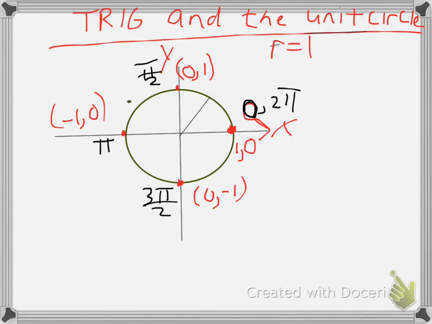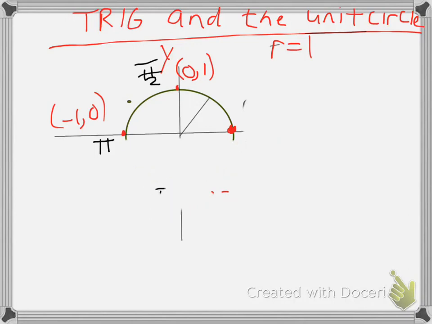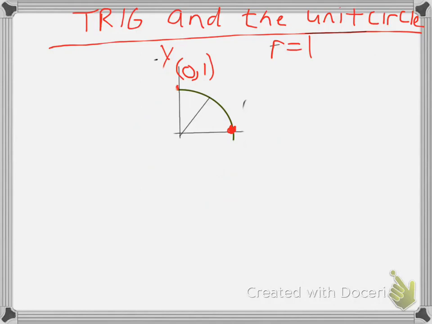Okay, what I'll do now is break out the first quadrant. I'll erase all of this, and we can come back to that later if we need to. So there we are. We have our unit circle in the first quadrant. We still have our x and our y. Let's see if we can draw a triangle, and we'll use a different color, let's say green.